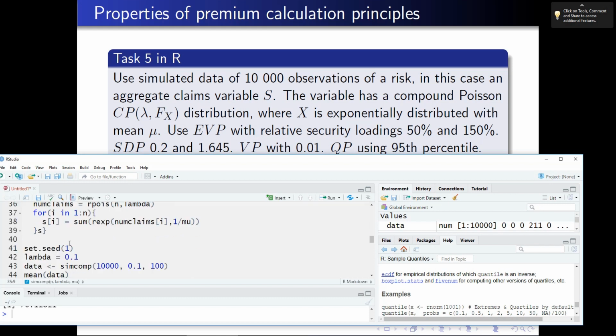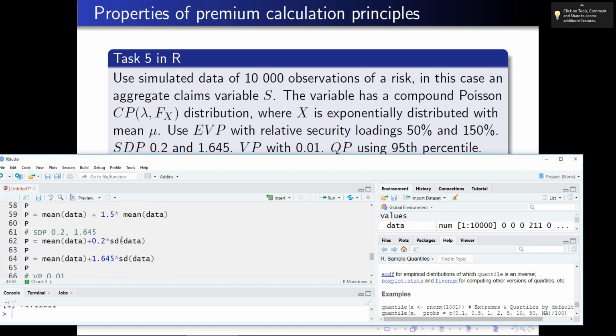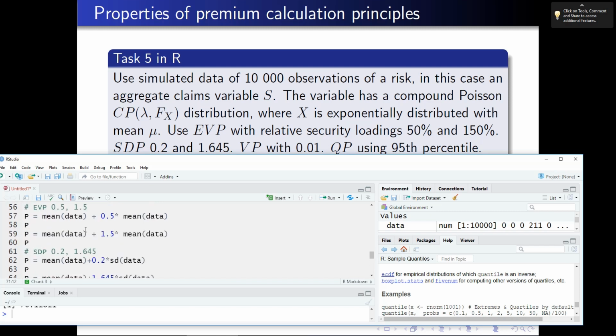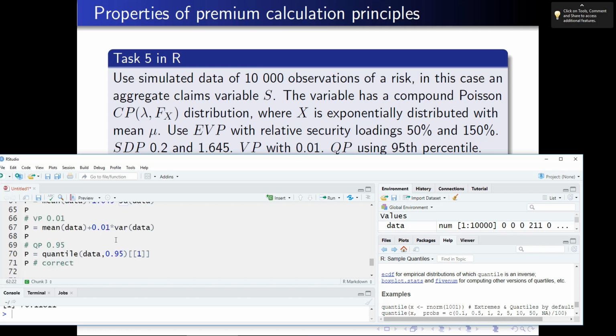We then created the data from 10,000 observations, and then we calculated 4 different types of premiums depending on the method we use. The easiest one, of course, is the EVP principle. We just need to know the mean of our data. For SDP and VP principle, we need to know the standard deviation. For quantile, we need to know the data itself, so just the higher order of quantile.